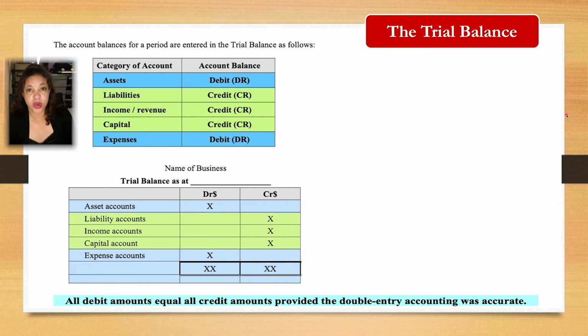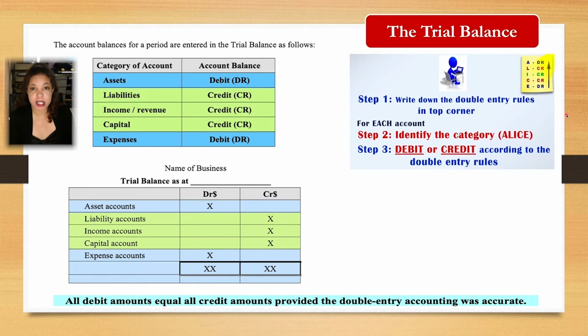What you need to know when you are preparing the trial balance, just remember the steps. First step, jot down the rules for the increases because the majority use the increase only: debit assets, debit expenses, credit all the rest. Then for each account, you just identify what it is and put it in the relevant column.